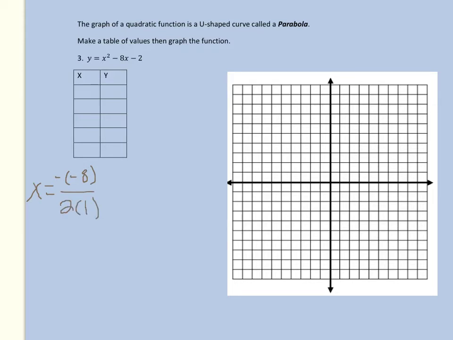So remember, in this case, a is 1, b is -8, c is -2. So this would be 4. So you go 4 in the middle, 3, 2, 5, 6, and then we start to plug those in for x. So substitute in 2 for x.